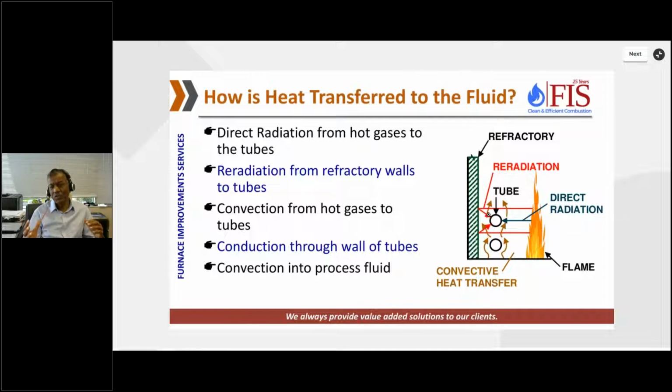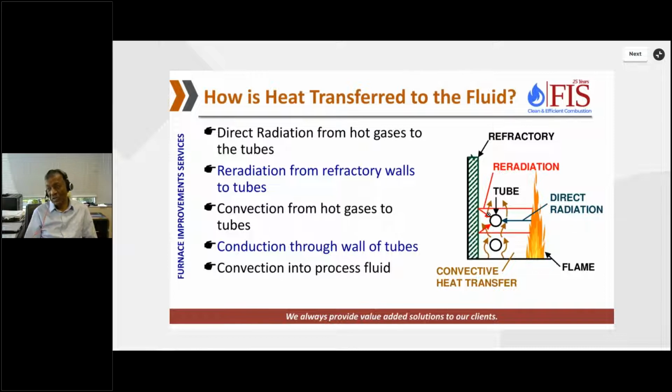And once this tube has absorbed radiation and convection heat transfer, now the challenge is conducting that heat from the outside of the tube to the inside of the tube. And that's where I think there are two challenges. We are talking of scaling on the outside, and especially high temperature tubes can scale pretty fast. And the second one is coke on the inside.